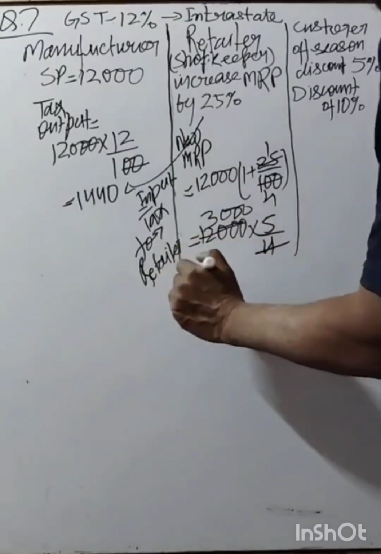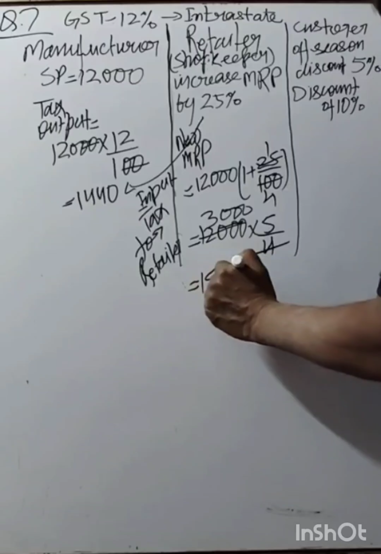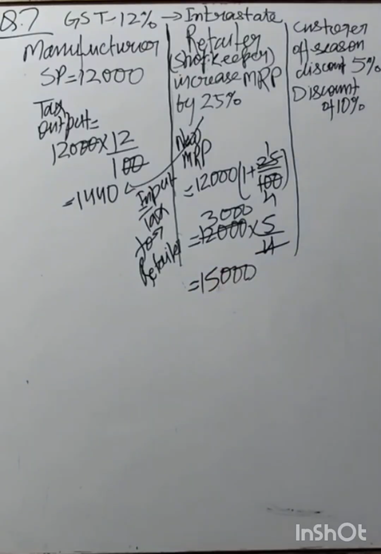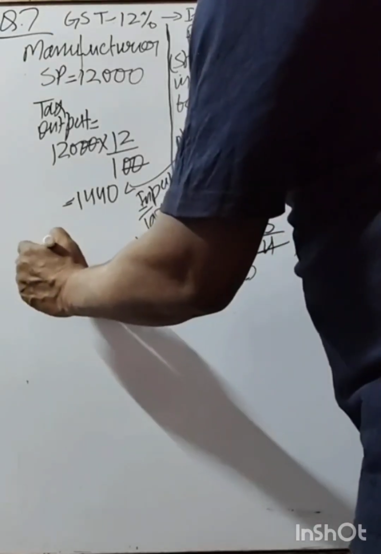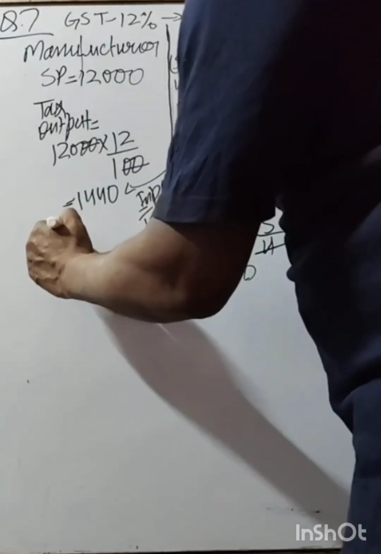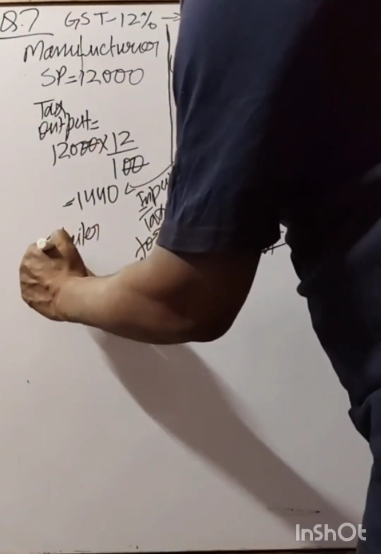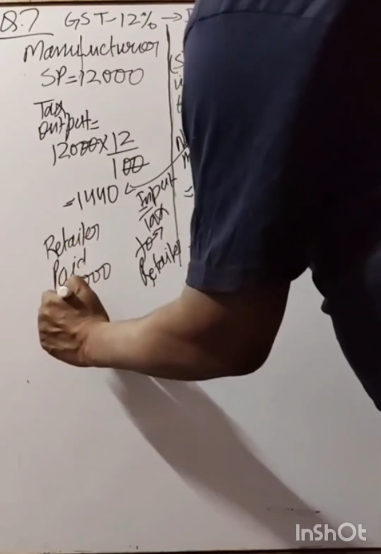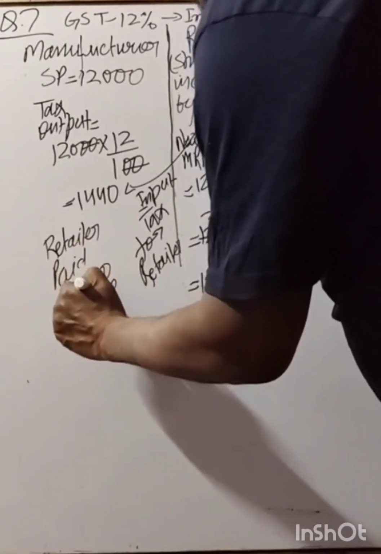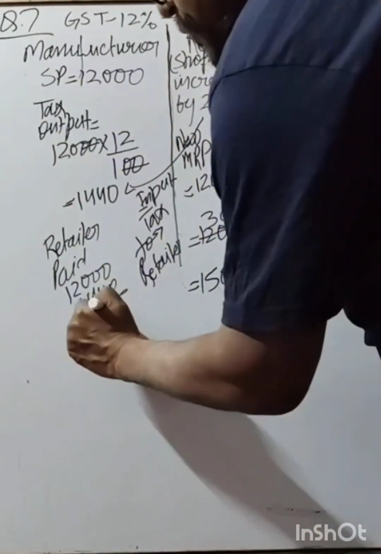So the new MRP is 15,000, right? Basically, the retailer paid 12,000 plus 1,440, which becomes 13,440.